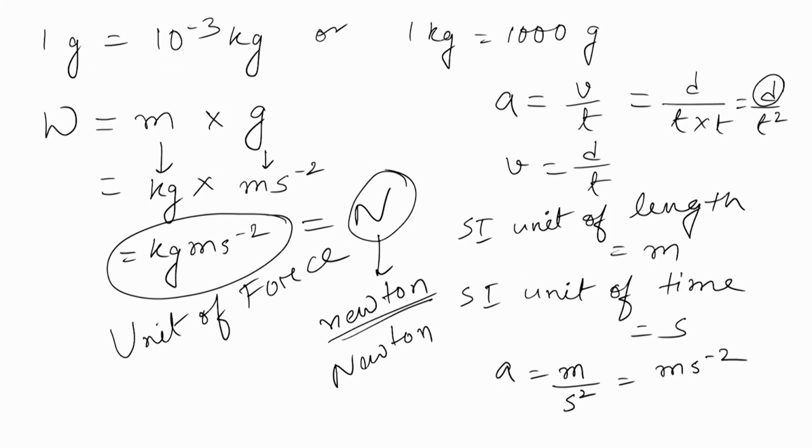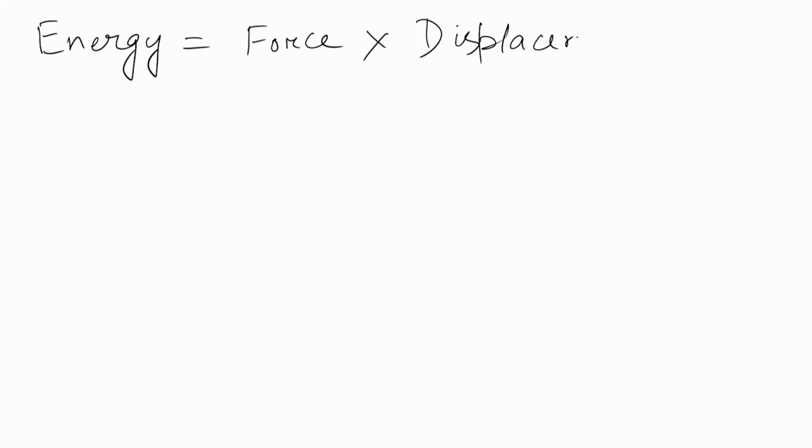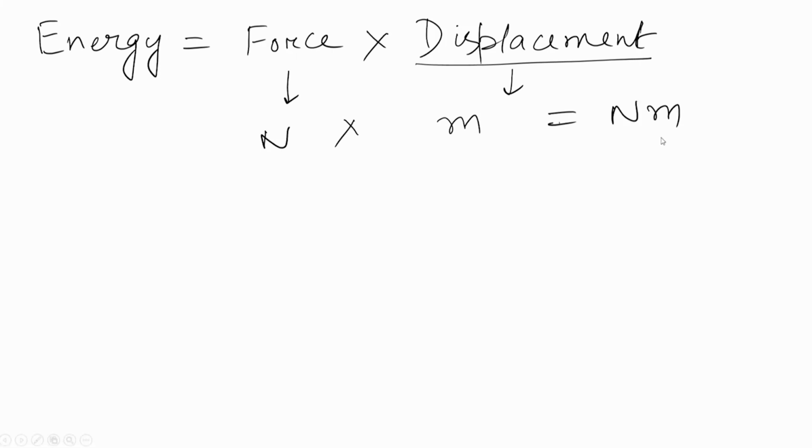Now, from here we can also derive the unit of energy. Energy is equal to force into displacement. The unit of force is Newton. The displacement is nothing but length, so the unit of displacement is meter. So the unit of energy is Newton meter, which is also called joule.